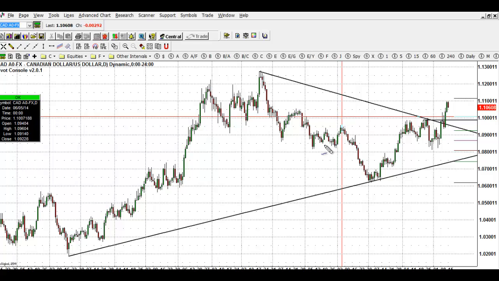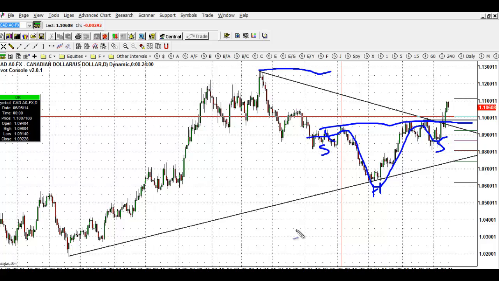This is a reverse head and shoulders with the left shoulder here, right shoulder, head. So shoulder, head, shoulder. I hope you can see that. That's a reverse head and shoulders. And this is the neckline, and the market broke above the neckline. So we could see further gains in the Canadian dollar, and resistance will start to come in near the 112 to 113 level.